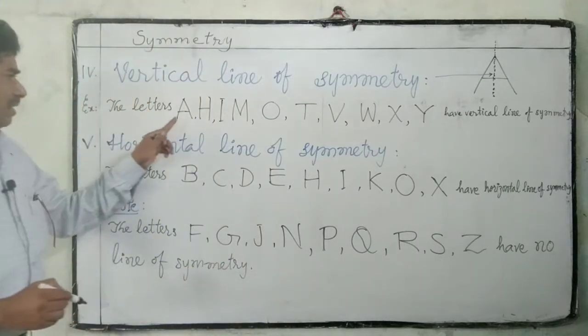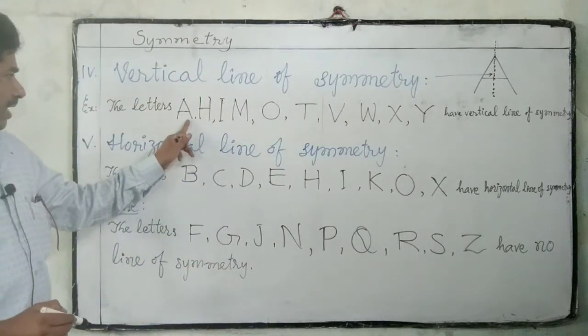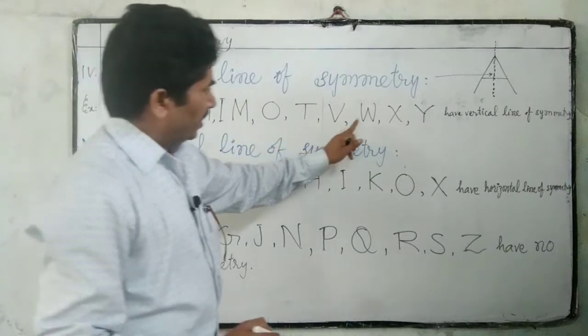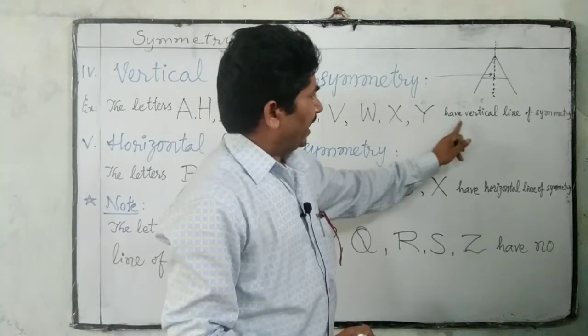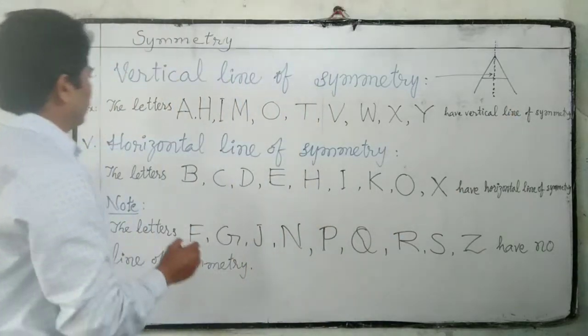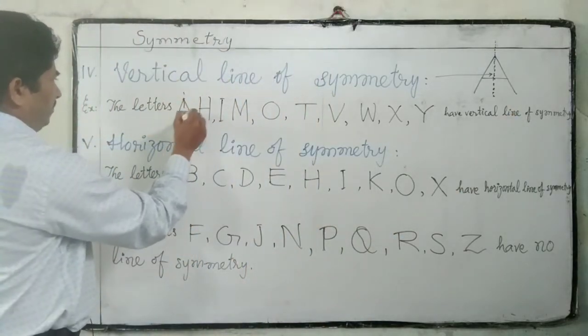The letters A, H, I, M, O, T, U, V, W, X, Y have vertical line of symmetry. Let us check once.